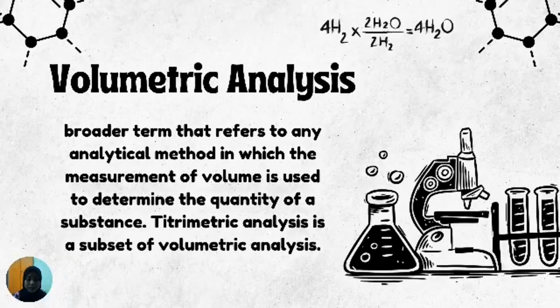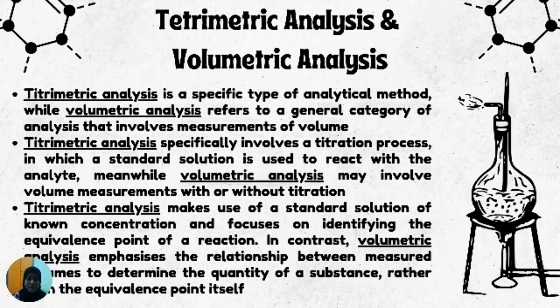Meanwhile, volumetric analysis is a broader term that refers to any analytical method in which the measurement of volume is used to determine the quantity of a substance, which means that titrimetric analysis is a subset of volumetric analysis. Titrimetric analysis is a specific type of analytical method, while volumetric analysis refers to a general category of analysis that involves measurement of volume.